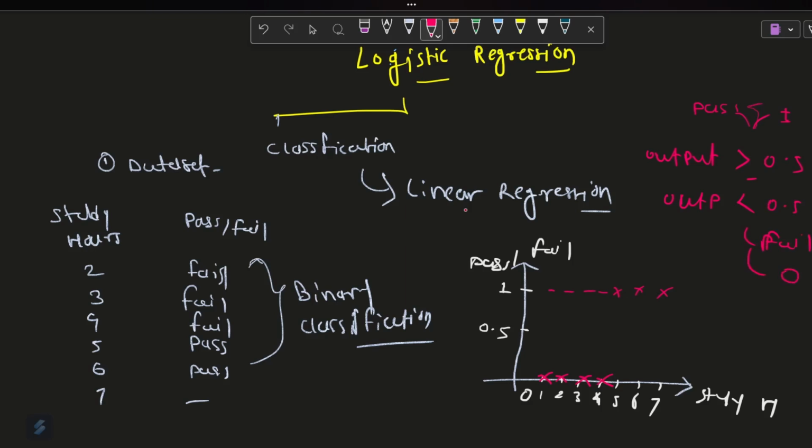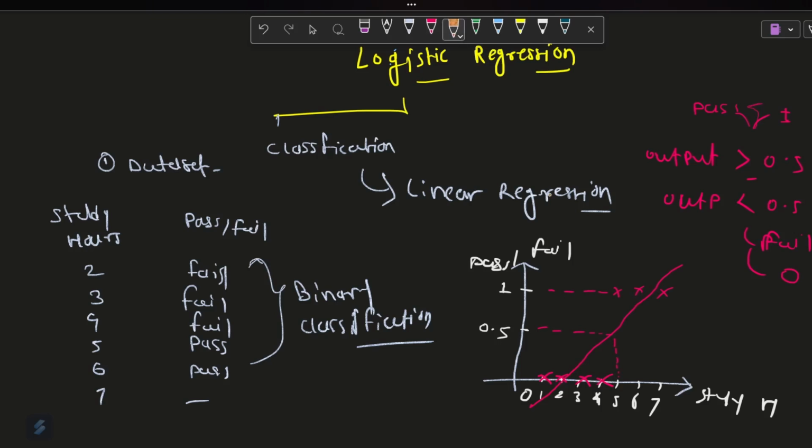When we draw the line, it looks like that. This is the 0.5 threshold.